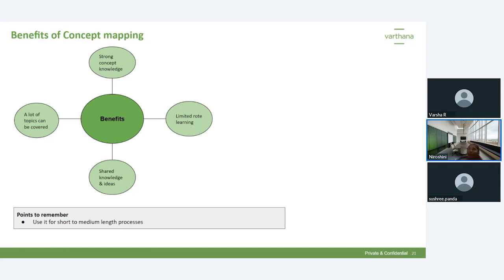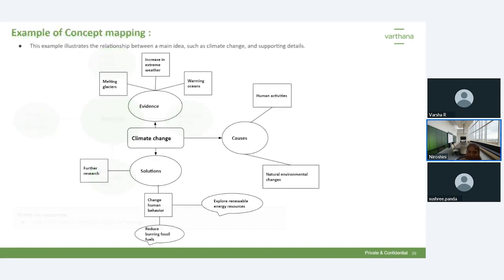What has to be very, very prominent while we are doing concept mapping inside the classroom is that this definitely can be used for short or medium length topics or processes, but definitely not for a very lengthy topic, because when we are trying to create a concept map, the visual representation might look messy. So there'll be a lot of categories. I would like to go back to the previous slide and explain.